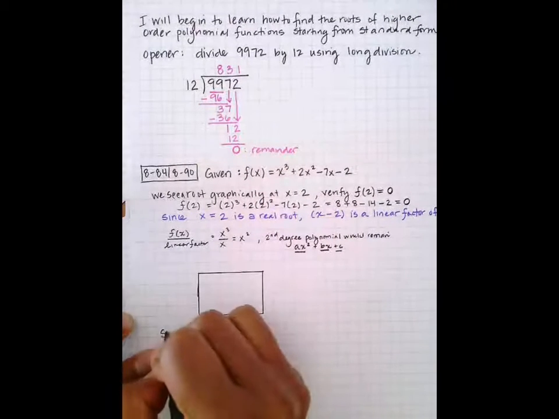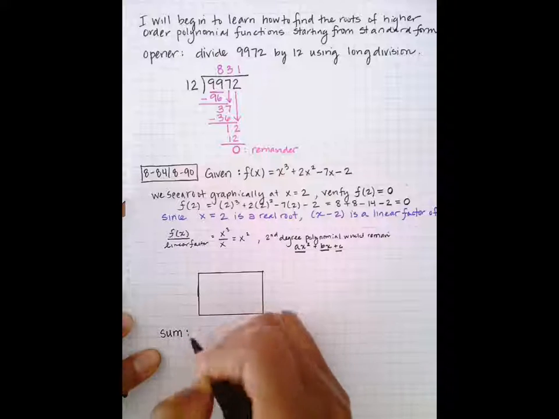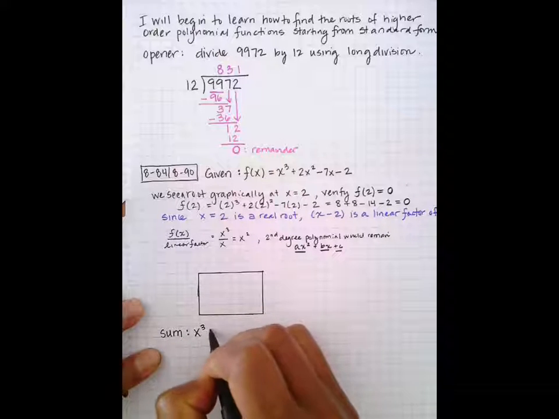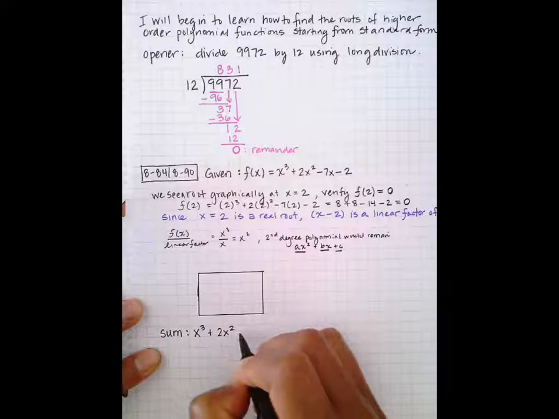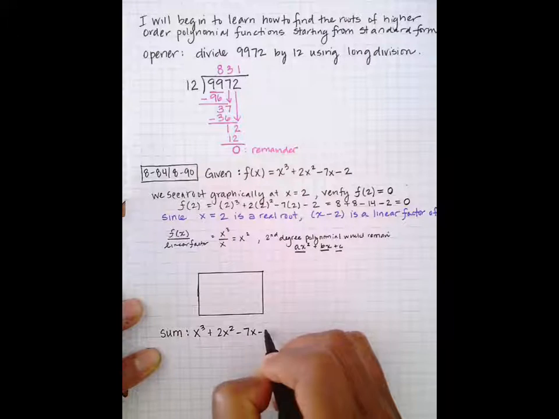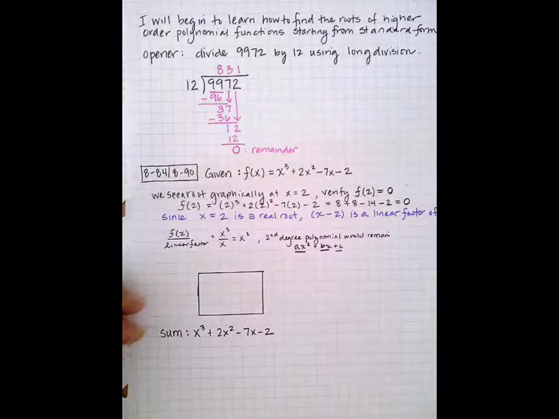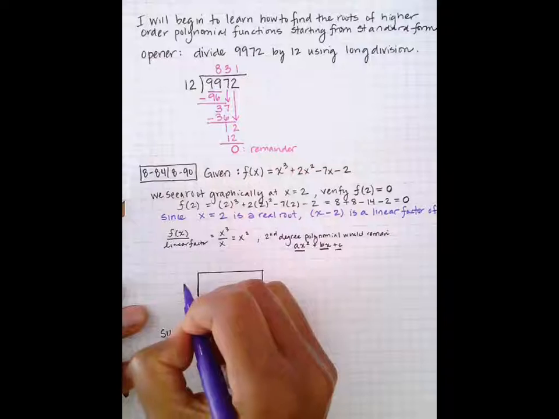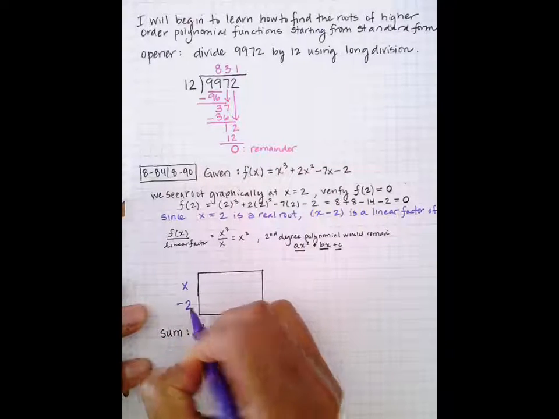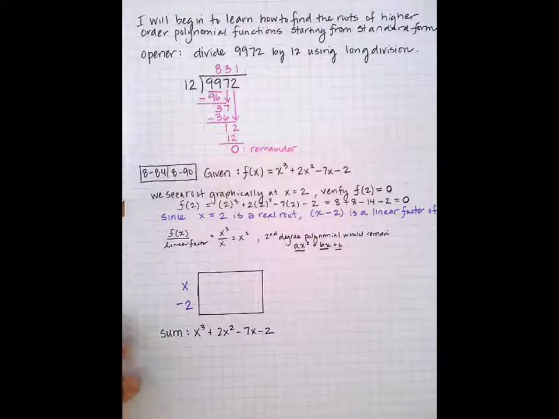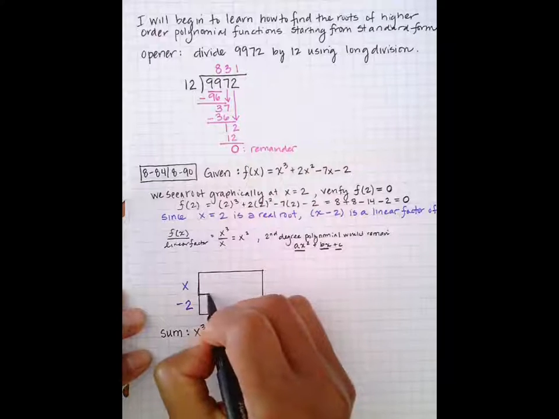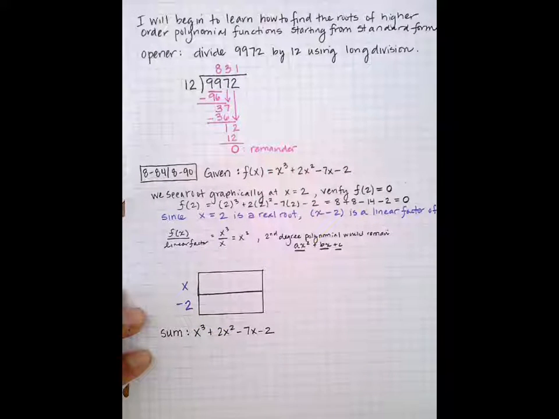So the sum of what's inside is going to end up being x cubed plus 2x squared minus 7x minus 2. And I'm going to divide it by the linear factor x minus 2. And so I label the outside of a rectangular area model with that linear factor that only has 2 terms.